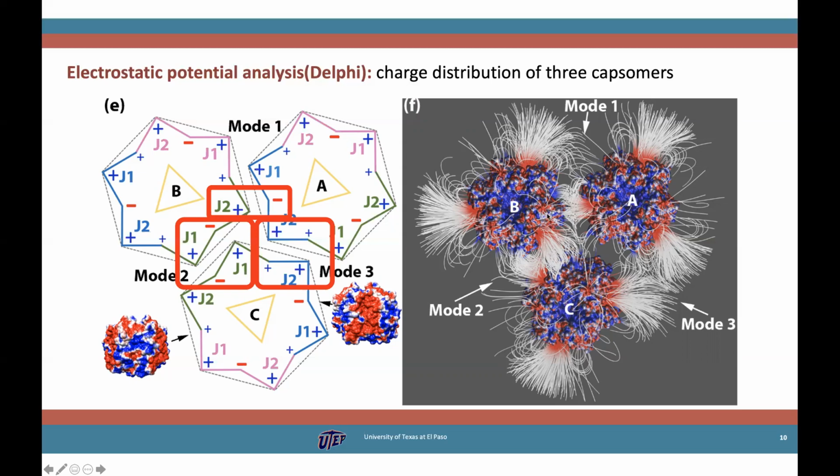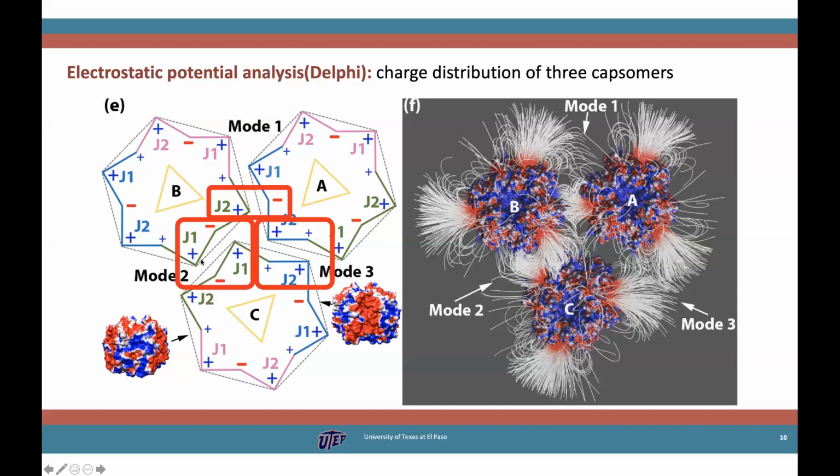That's a dense cluster, which means it has attractive interactions between the tip of B and the surface of A. And there are also some field lines between the surface of B and the surface of A. So it's an attractive force.